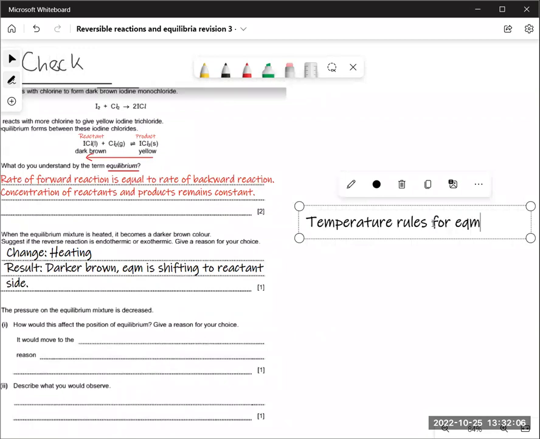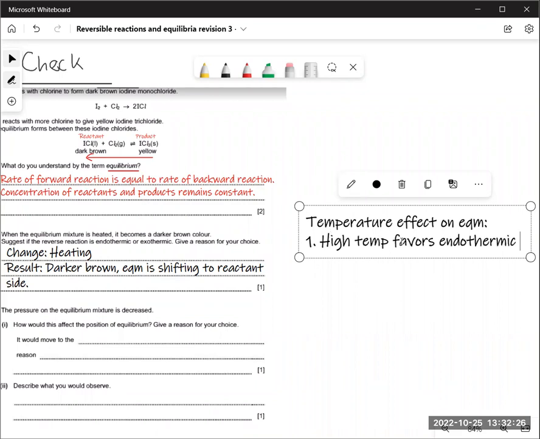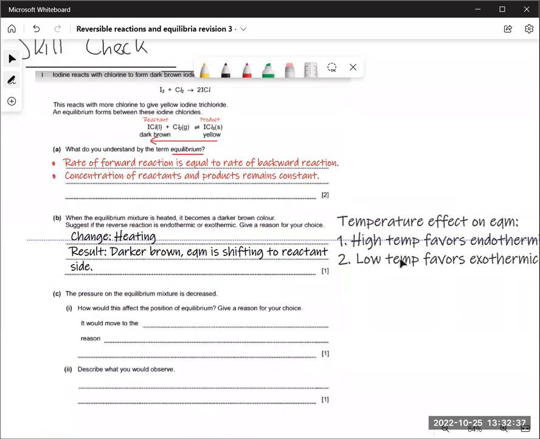First thing is high temperature favors endothermic side and low temperature favors exothermic. Now, Anas, read it out loud.